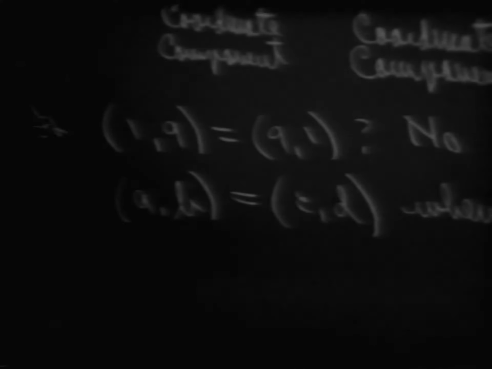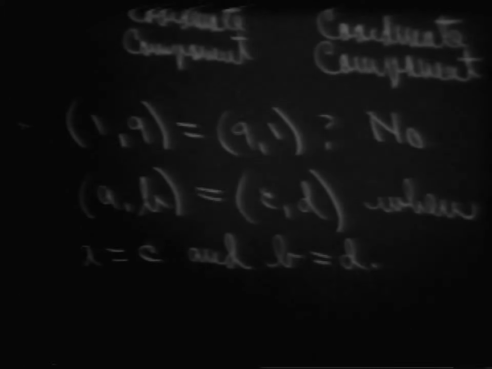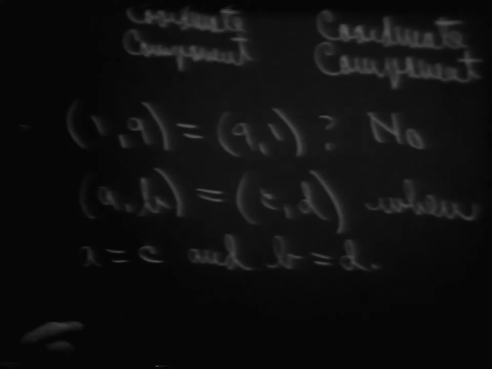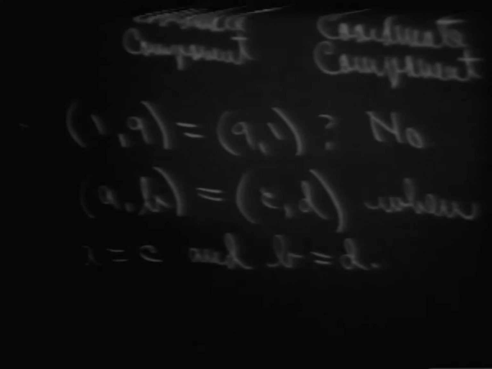What conclusion do you think you can make here? Sally says when A is equal to C and B is equal to D. Is that all right? Everyone agree with that? All right. This is our definition of what we mean by two ordered pairs being equal: when the first components are equal and the second components are equal.